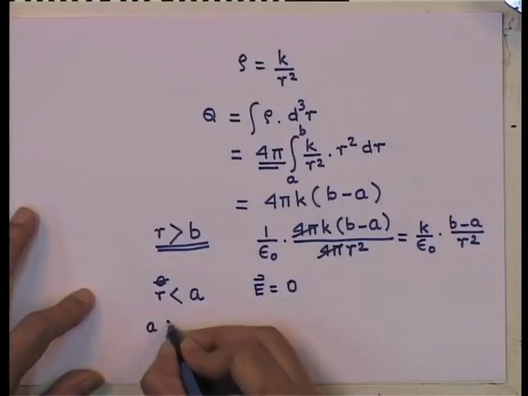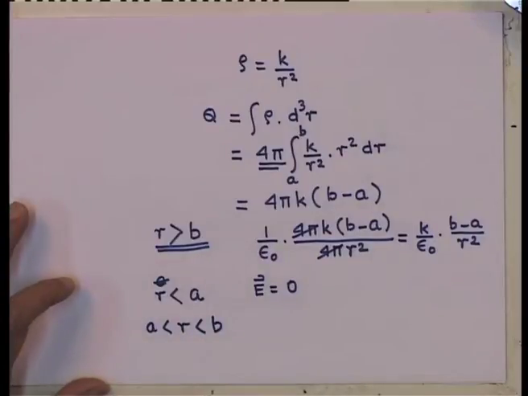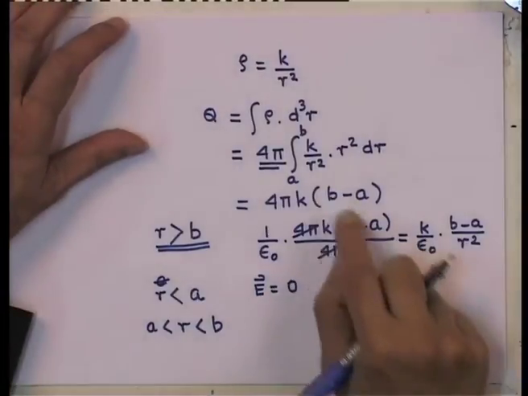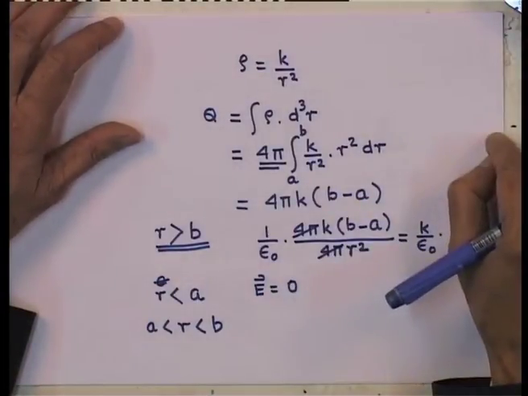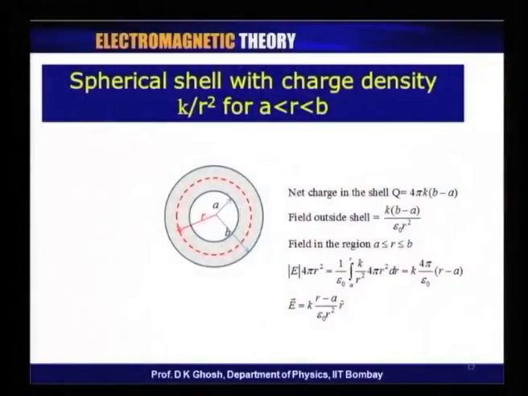Now, what about a less than r less than b? If a is less than r less than b, the calculation is identical, excepting now you have to worry about what fraction of charge is included therein. So, this is the amount of charge that is contained between this sphere of radius small a and this Gaussian surface marked with red.